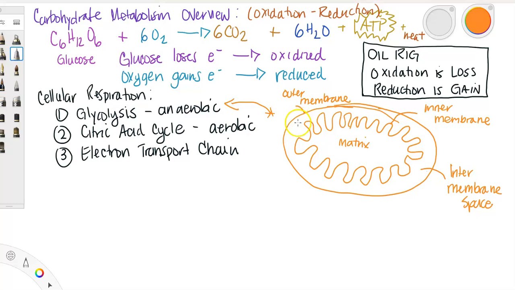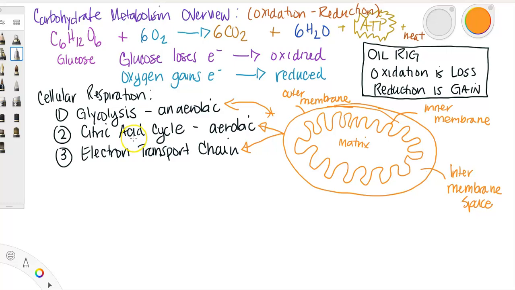If we have oxygen, then we enter the mitochondria, and in the mitochondria is where we get the functioning of the citric acid cycle and the electron transport chain. Okay? So within cellular respiration, we need to identify a couple of things.